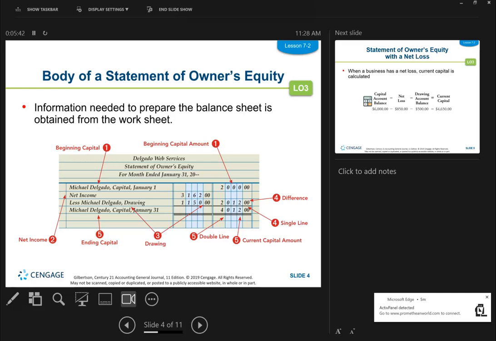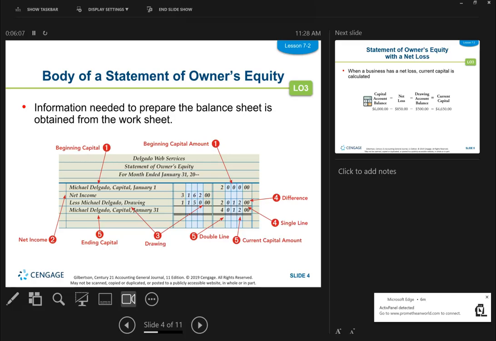Is everybody okay with how we generated the numbers here? Again, the capital account value at the start, plus net income, minus the drawing, this money came out, gives you the current capital value for the account.